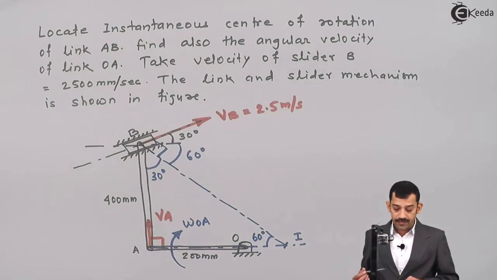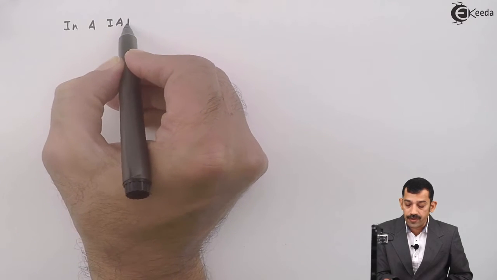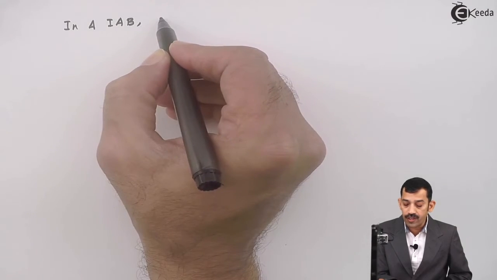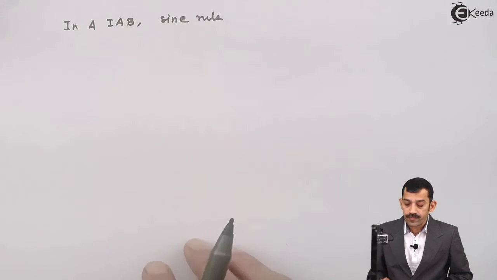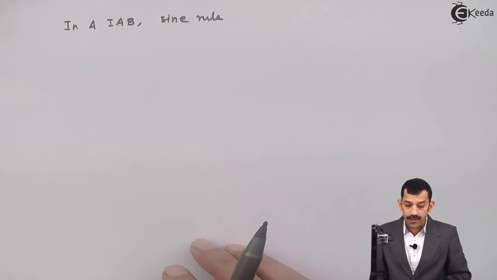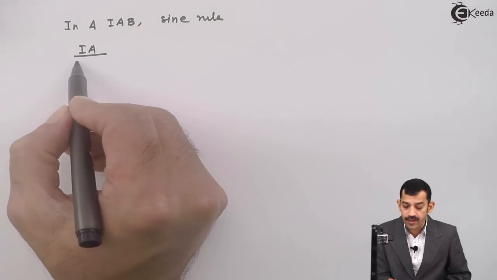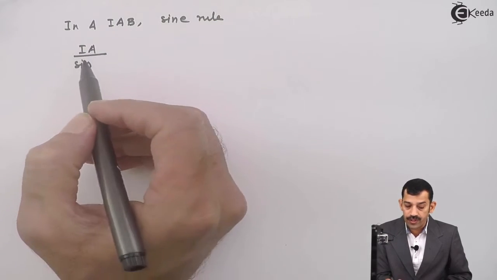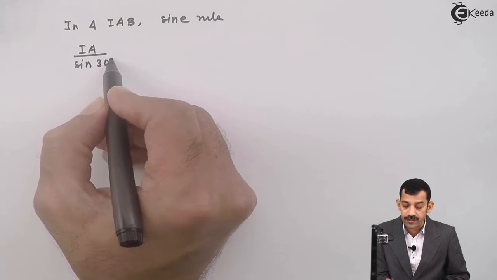Just see here. In triangle IAB, using the sine rule, you have to find IA and IB. IA upon sine of the opposite angle; opposite to IA is the 30 degree angle, therefore sine 30.